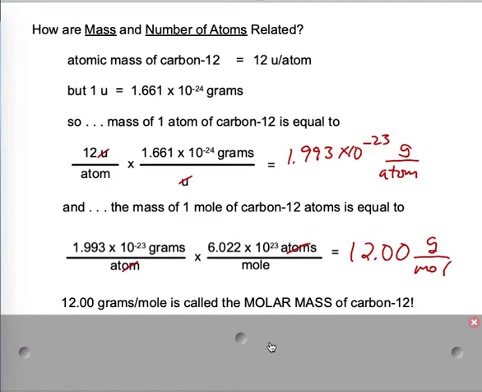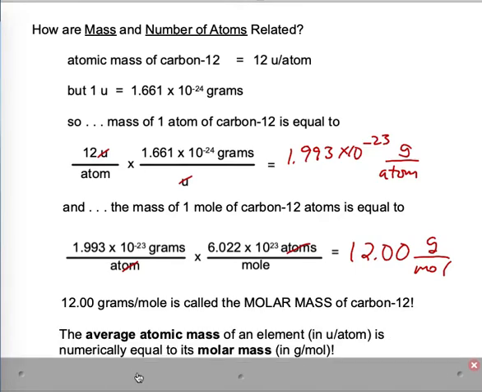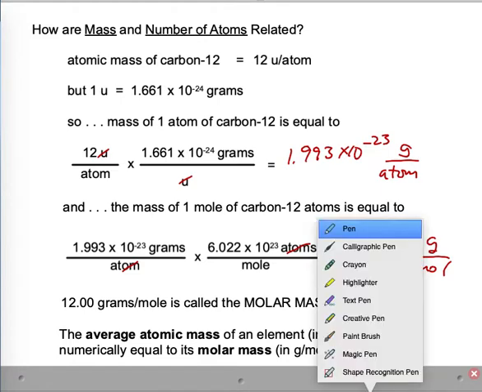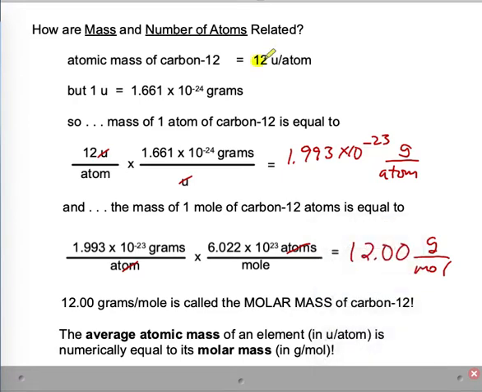The molar mass is defined as the mass in grams of 1 mole of an element, Avogadro's number of atoms. And what we see is that the average atomic mass of an element in u per atom, which we saw up here, is numerically equal to its molar mass in grams per mole, which we saw down here. They are numerically equal to each other, they simply have different units.